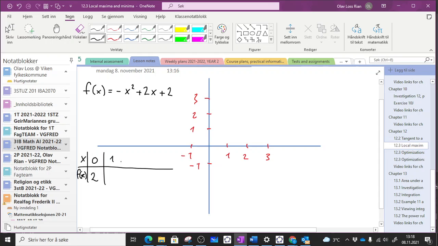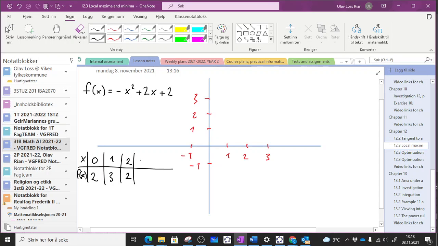If x is 1, we have -1 plus 2 plus 2, that's going to be 3. If x is 2, we have -4 plus 4 plus 2, so that's going to be 2.